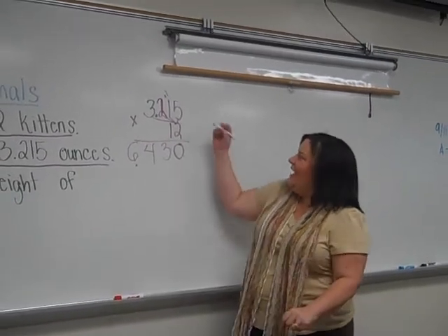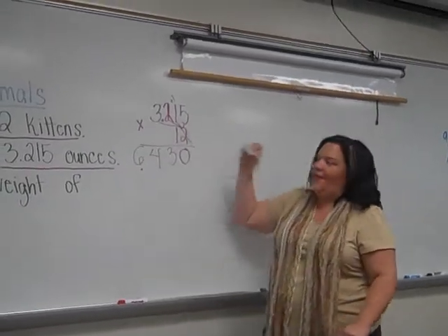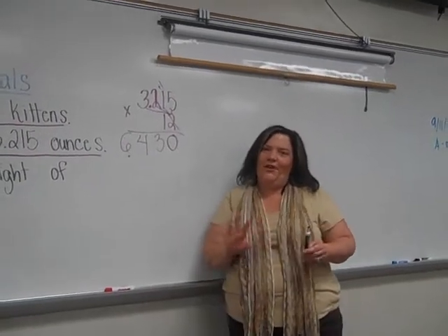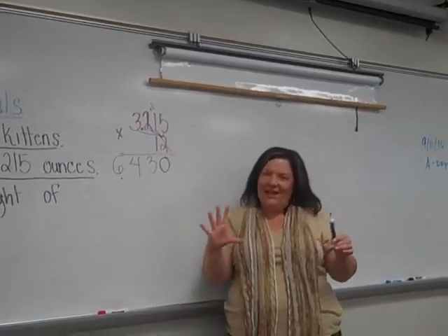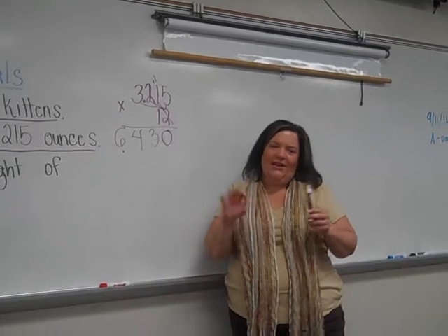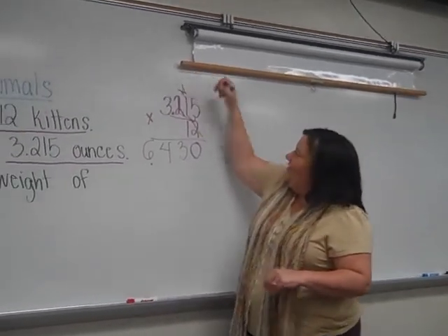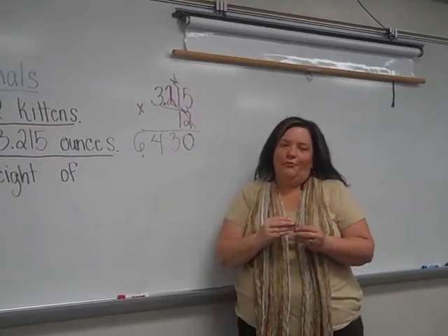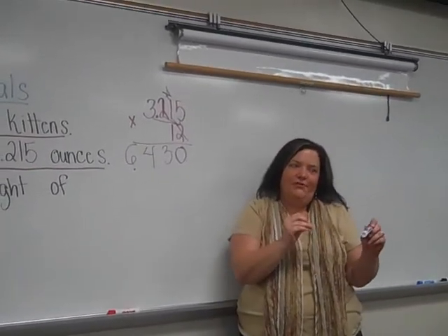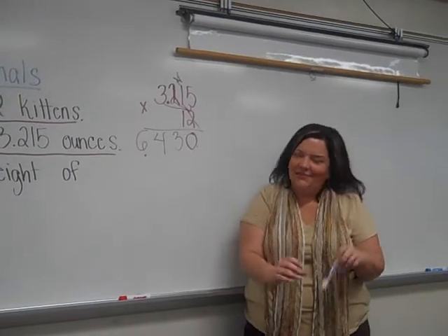So at this point, I like to cross out that first digit that we've already multiplied. It helps me keep my brain and my work organized. I also like to mark out the digits I might have carried or regrouped, just so I don't get confused when I'm multiplying that second digit.